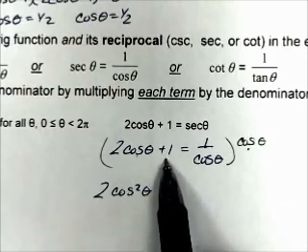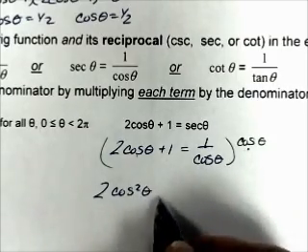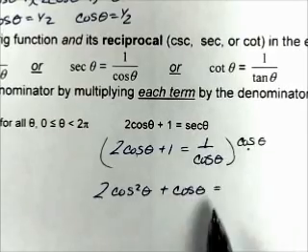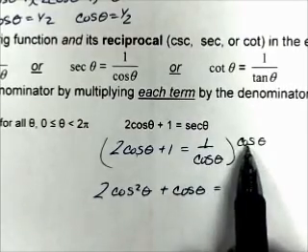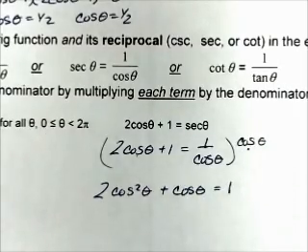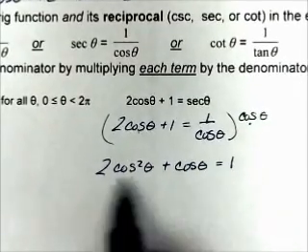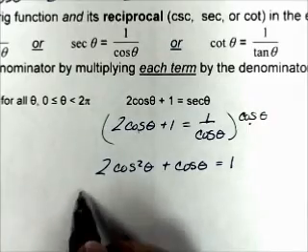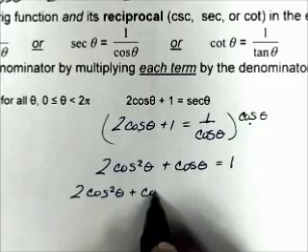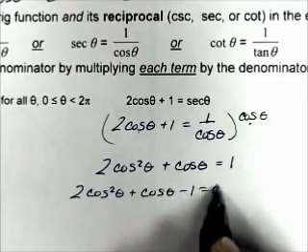And then positive 1 times cosine theta is positive 1 cosine theta. And 1 over cosine theta times cosine theta, the cosine thetas divide out, that would leave us with 1. Put this in standard form, so subtract 1. So 2 cosine squared theta plus cosine theta minus 1 equals 0.